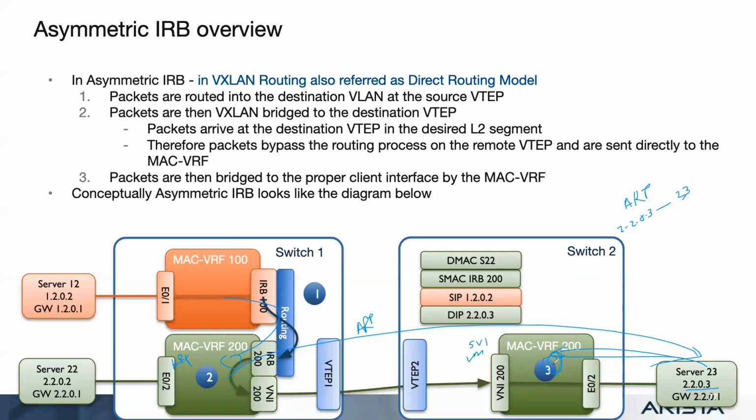So you don't have to send the ARP reply all the way to the originator. As soon as it updates the ARP table, and the MAC table, it will generate a type 2 route with MAC and ARP information, and that will be sent here. This VTAP will then learn the MAC and ARP based on the EVPN type 2 update message. Is it clear?